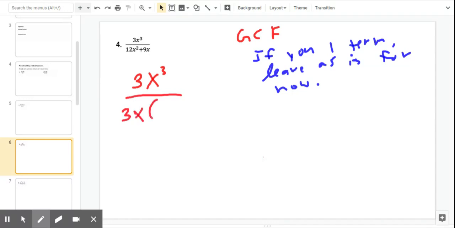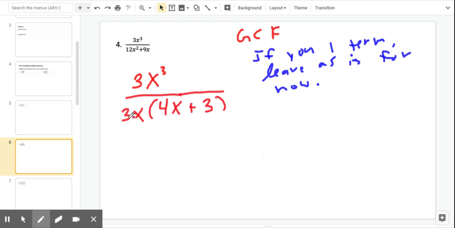We took a 3 out of the 12, so we're left with 4, and we took an x out of the x squared, so we're left with 4x in our first term, plus we took a 3 out of the 9, so we're left with 3, and we took an x out of here, so that's what we're left with. This actually works out nicely because now we have 3x in the denominator, and we have 3x cubed at the top.